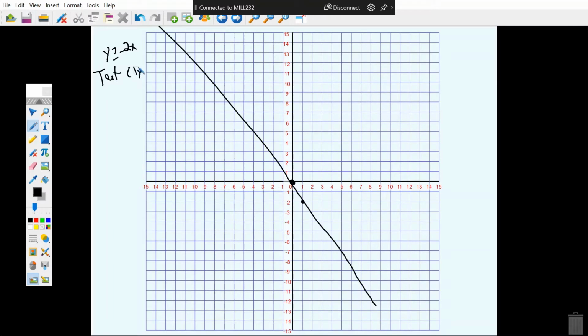So the test is for 1 and 1. If I put a 1 in for y and a 1 in for x, I end up with 1 is greater than negative 2. Is 1 greater than negative 2? Yes, it is. So then we can shade everything above this line. Okay?